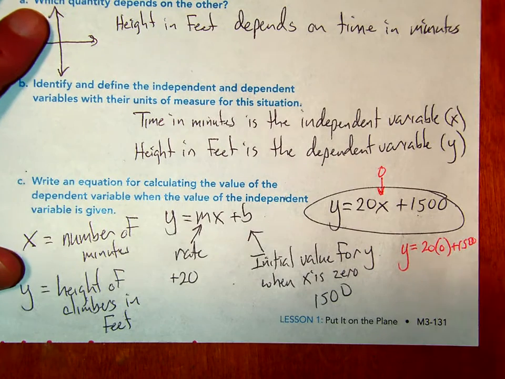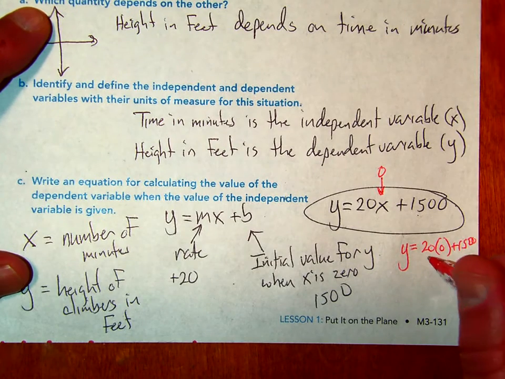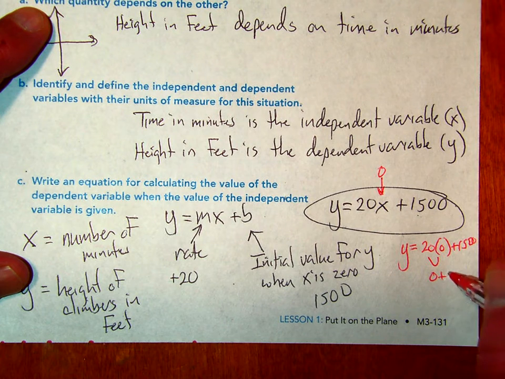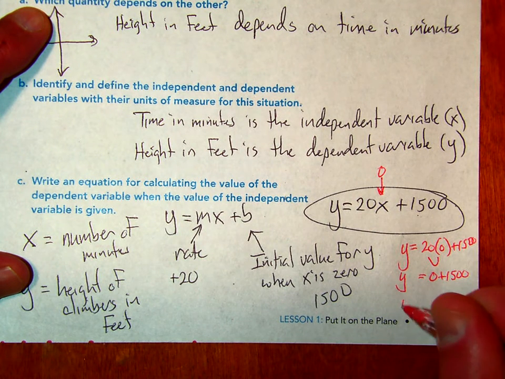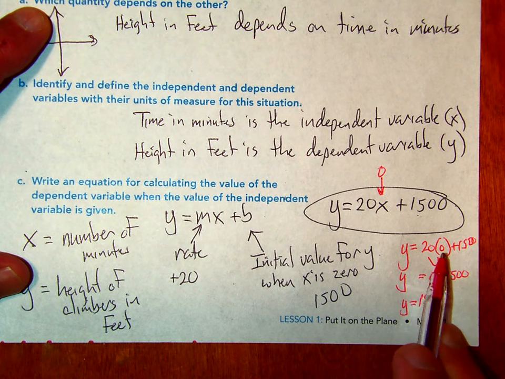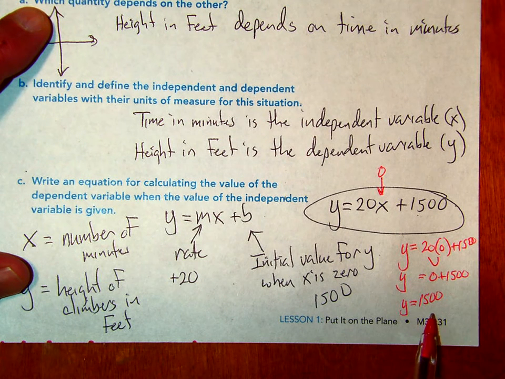And 20 times 0, we all agree, is 0, still plus 1,500. That equals Y, so Y equals 1,500. So at the start of the climb, when X is 0, Y is 1,500. The climbers are at 1,500 feet.